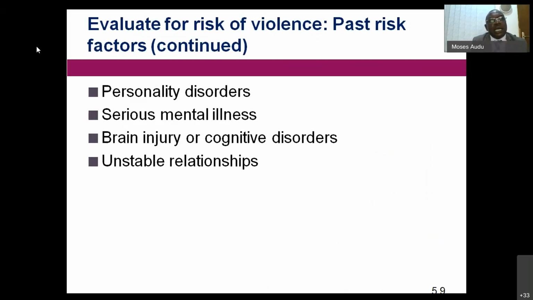Then psychologists also do further assessments, look at personality factors and personality disorders, and the psychiatrist also does a thorough mental health assessment to determine the diagnosis and whether there are other personality disorders, so that you know the kind of client you are dealing with, and serious mental illness.